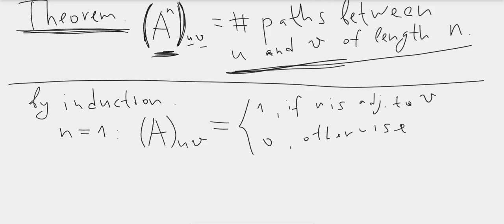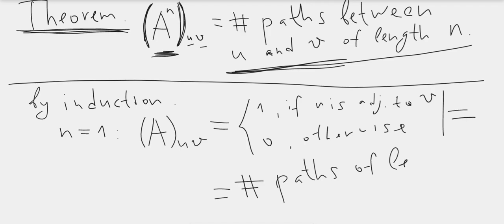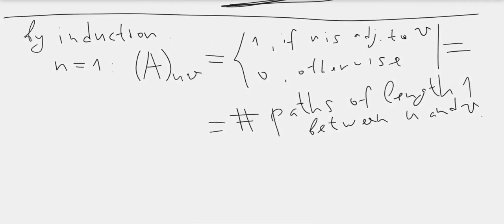And notice that this is exactly equal to the number of paths of length 1 between u and v, because a path of length 1 is the same as an edge.